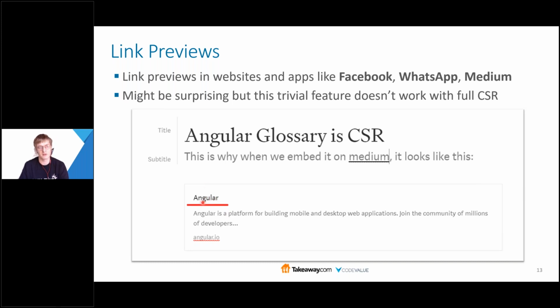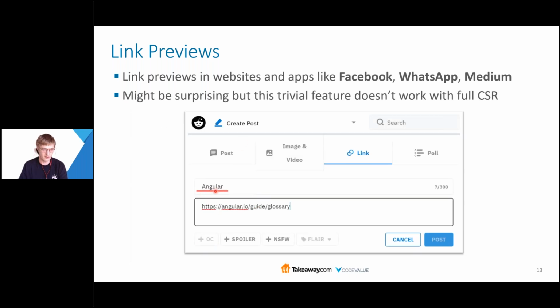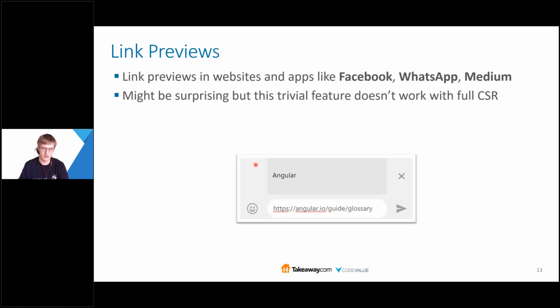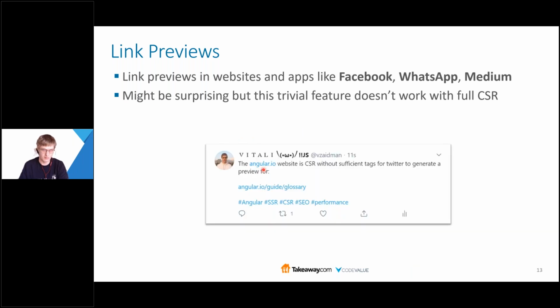As you can see, the title is just Angular. The same happens in Reddit. No glossary here. The same happens in Facebook. You see the preview only shows Angular. Same for WhatsApp. In Twitter, it doesn't even show any preview at all.